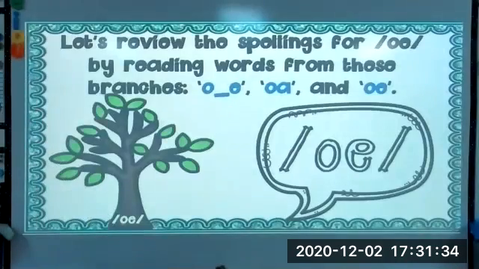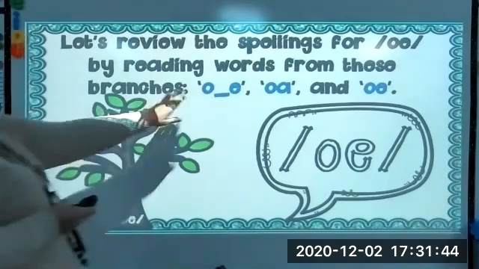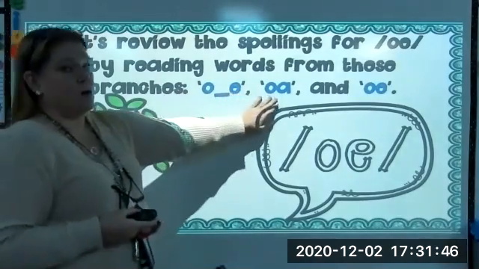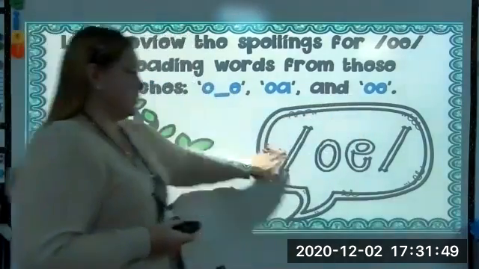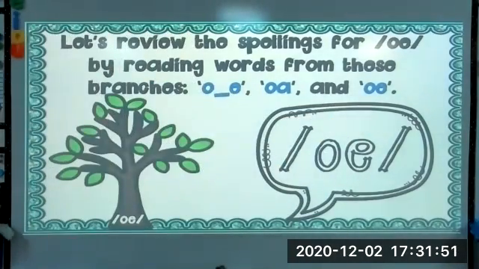Good job. All right, so let's review some spellings for the O sound by reading words from our branches with O consonant E, OA, and OE for the O sound.